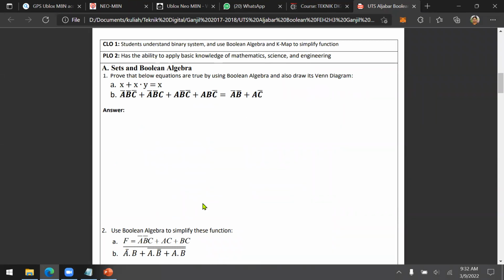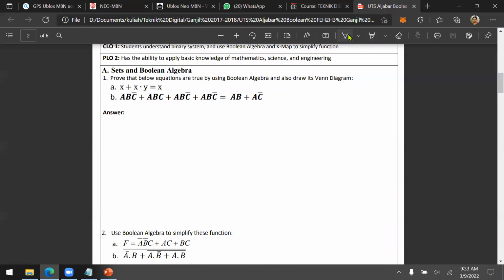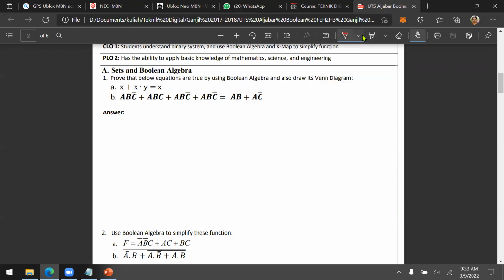First is: prove that the below equations are true by using Boolean algebra and also draw its Venn diagram. Now the first one, we already discussed this, right? That's okay. We try to discuss it again. Let's use the red.